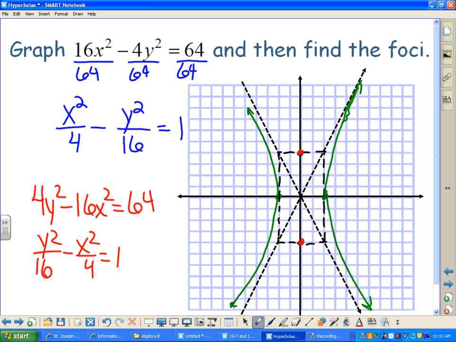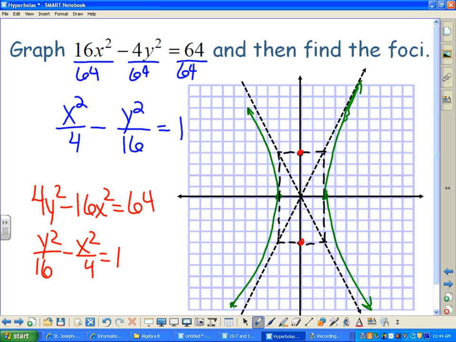It's not always written that way. Sometimes you'll have the y squared term first, and it will be negative. So if you rewrite it so that the positive term is always first, then what you said is correct. If the positive term is first and it's the x squared that's coming first, then it's sideways. If the positive term is first and it's the y squared, then it's up and down. Okay? All right, any other questions on that?